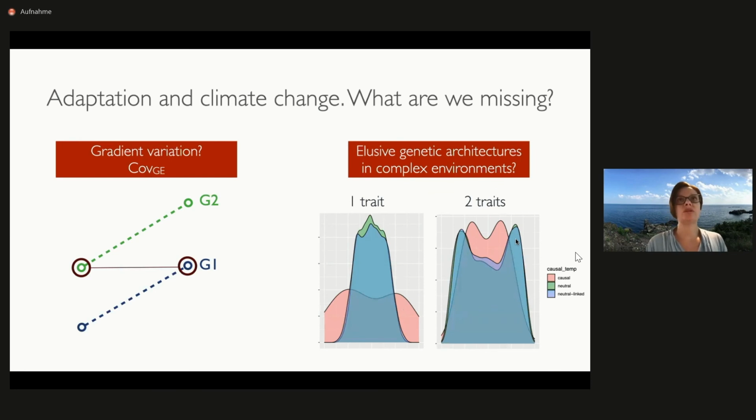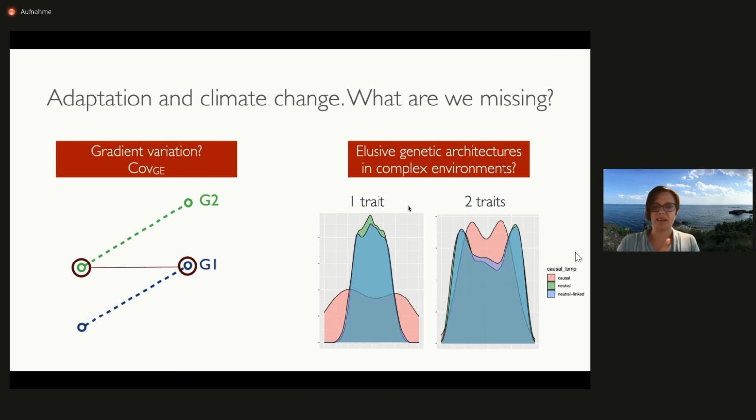So to conclude, adaptation and climate change, what are we missing? In the first part of my talk, I highlighted how covariance can evolve between genotypes and environments in a non-random way. And if we're focused just on looking for clines in natural populations, we may be missing important traits that have this negative co-GE because they would be less likely to show strong clinal patterns on the landscape.